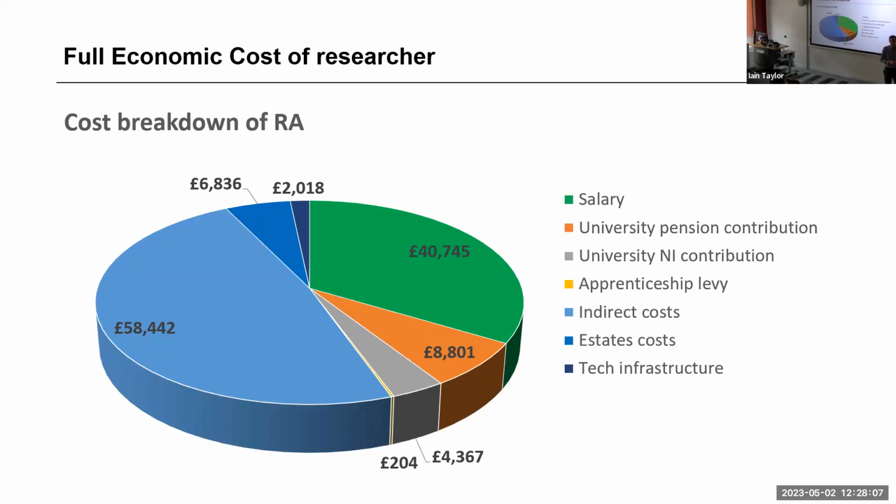So different universities have different costs, and different schools have different costs. Ones running a particle accelerator might have higher infrastructure and estates costs than the School of Health and Wellbeing. But the process of estimating those costs and getting them audited is quite formal.